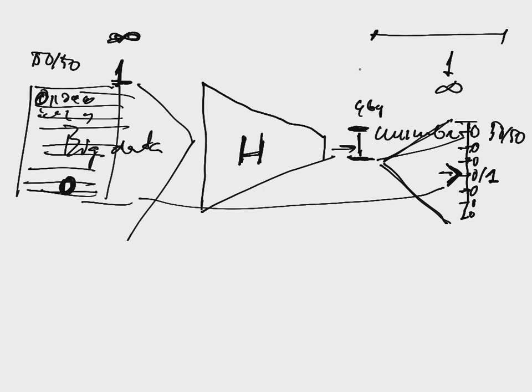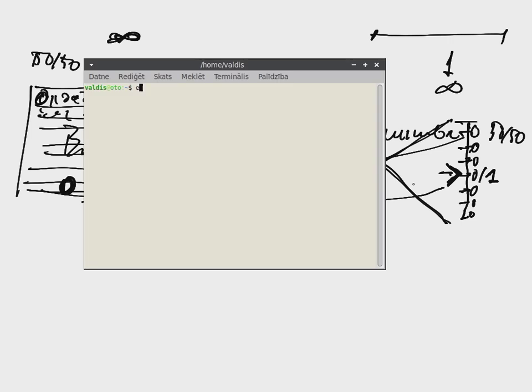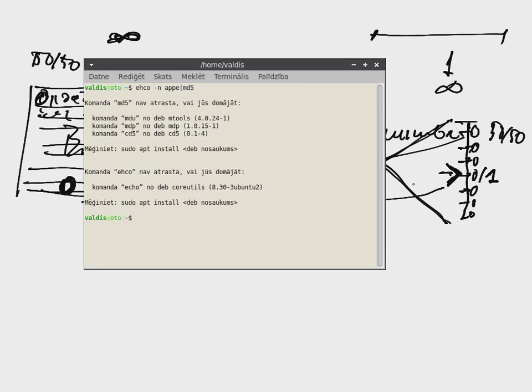Also, those who are not experienced may use a hash function as some kind of encryption. For example, you take some password and send it through a hash function like MD5.